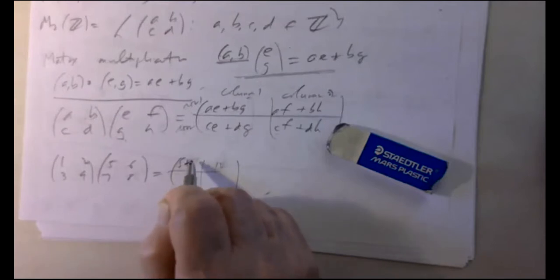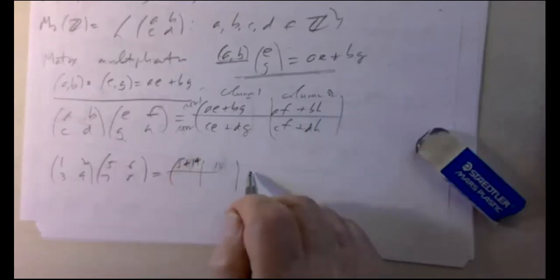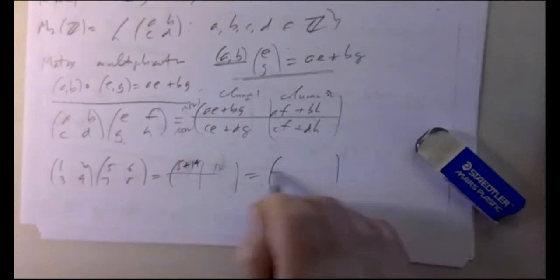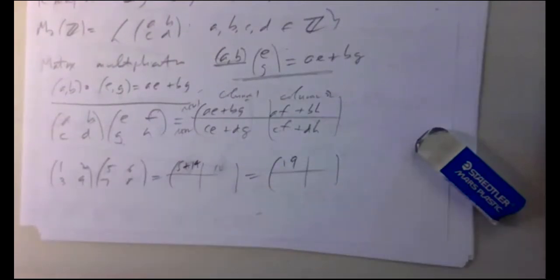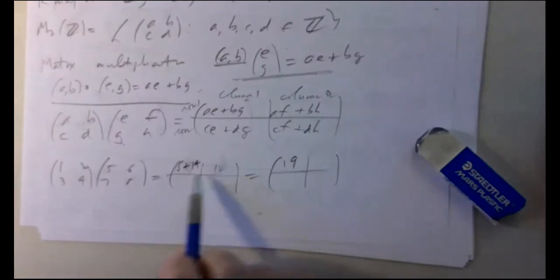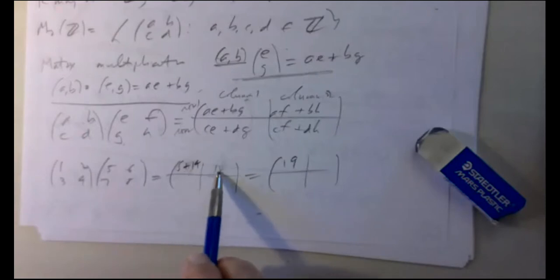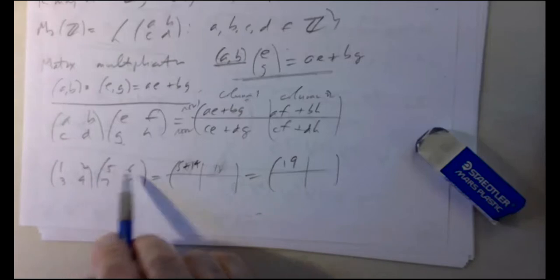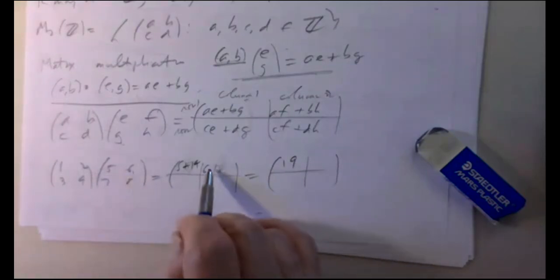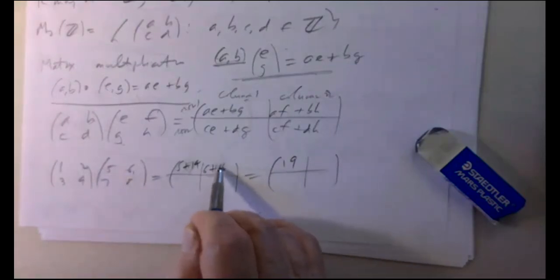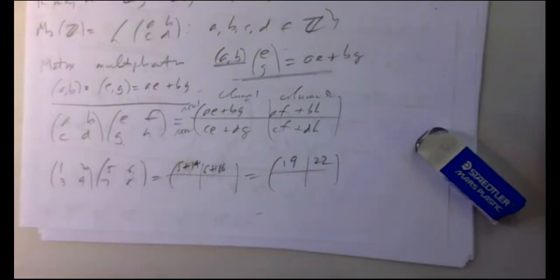So this is 5 plus 14, so this is a 19. What goes in here? First row, second column. 22. So it's 1 times 6 plus 2 times 8, and 6 plus 16 is 22.